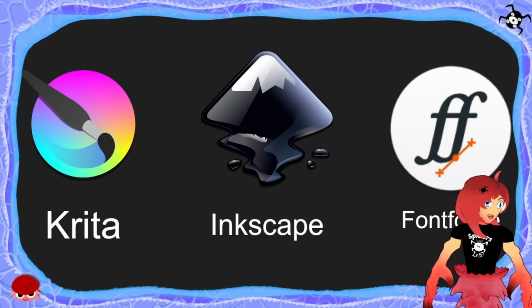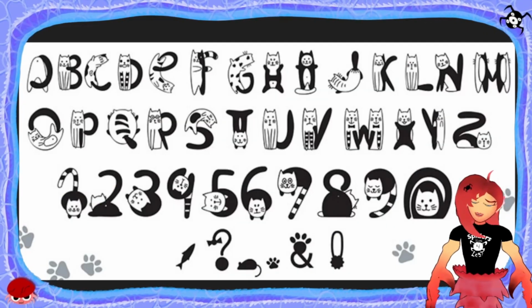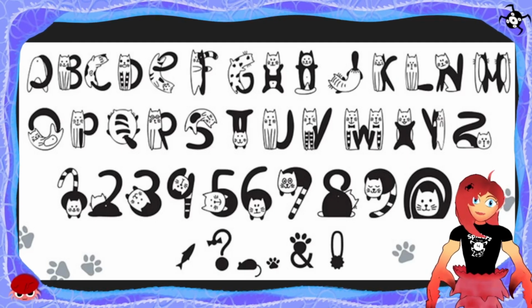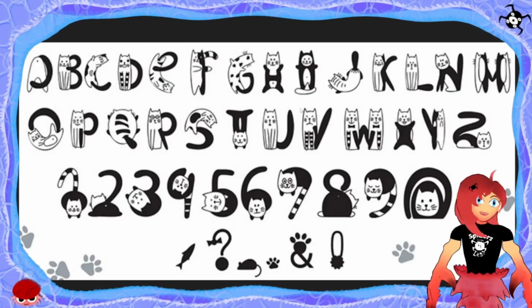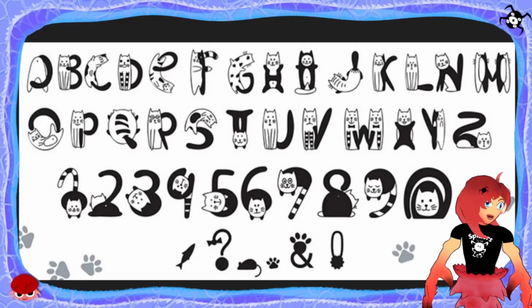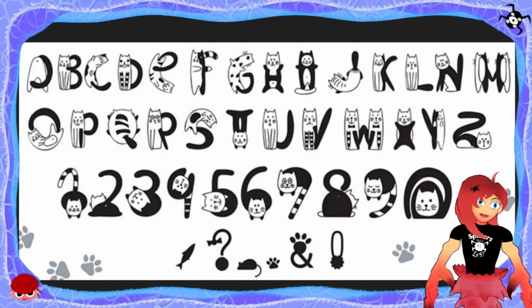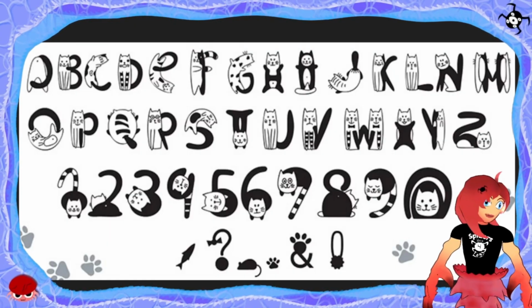Okay, now that you know all the programs that you need, let's talk about sketching. So you're sketching your font, and I put an example of a font that I found off of Google here, and this one is very goofy and very ridiculous looking on purpose. But the problem that I want to show you, don't try to add too many details into your font unless you're going for that.